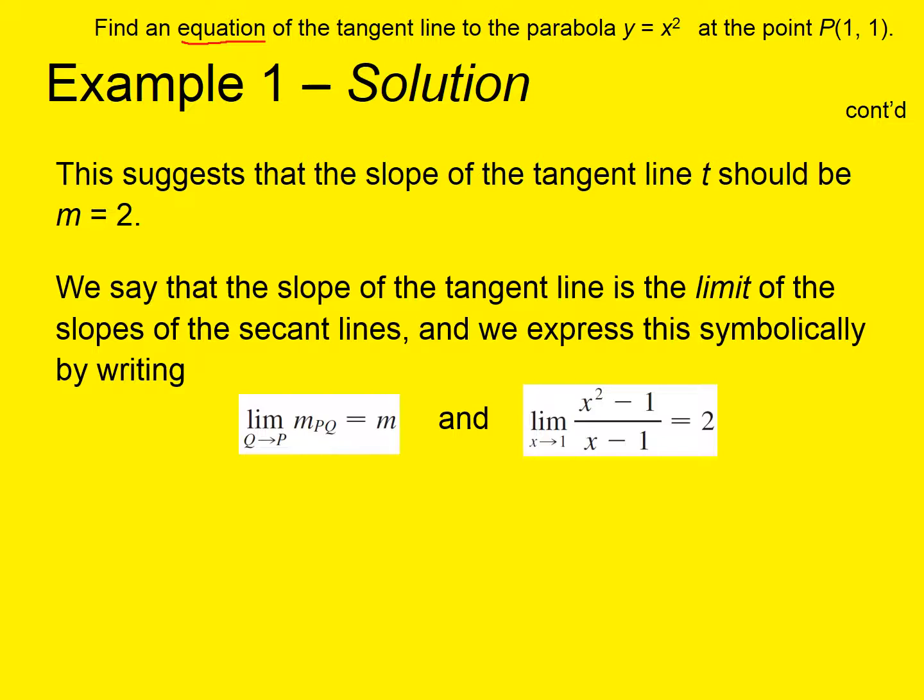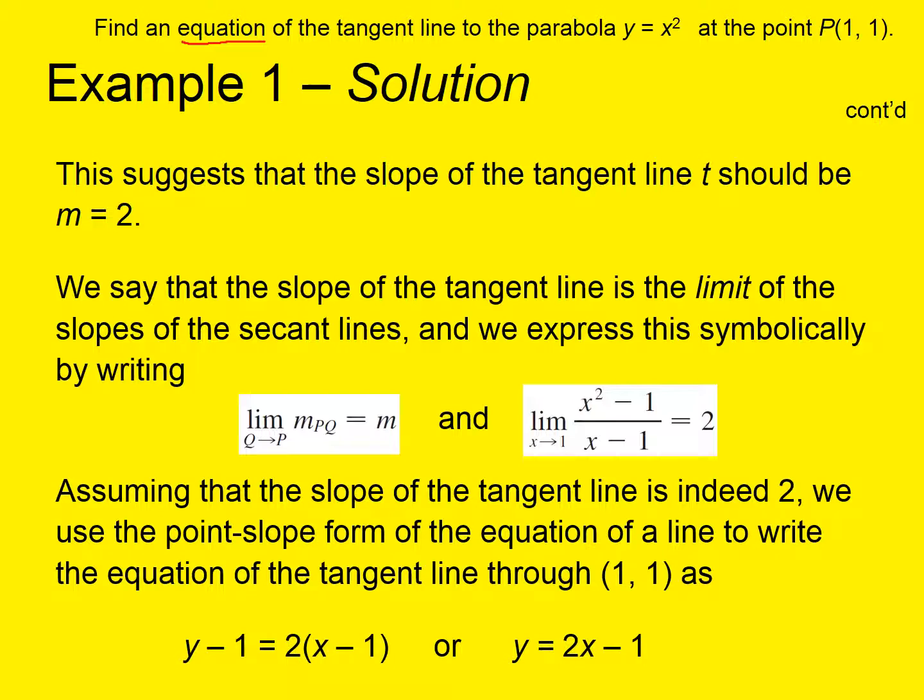And the limit as x approaches 1 of, well, that's the slope formula, y2 minus y1 over x2 minus x1, equals 2. Okay, the limit of those slopes is 2. So m equals 2, and now we can get an equation.